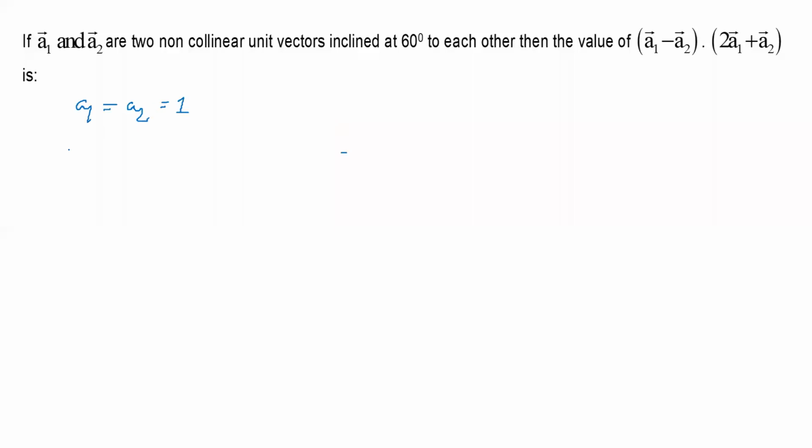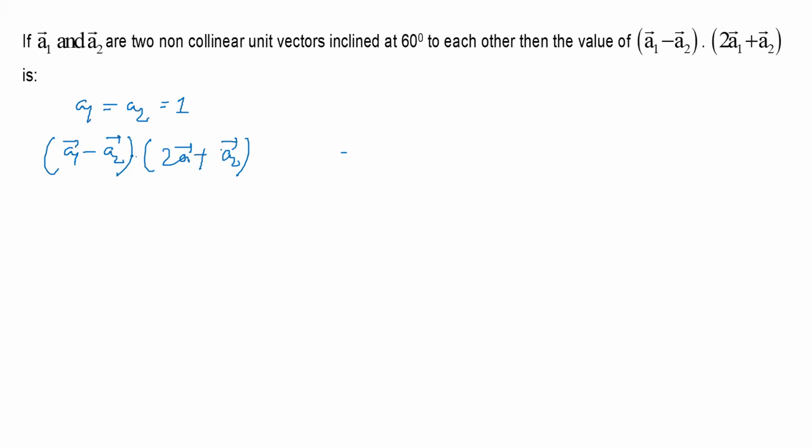And now we want to find A1 vector minus A2 vector, dot product with 2A1 plus A2.